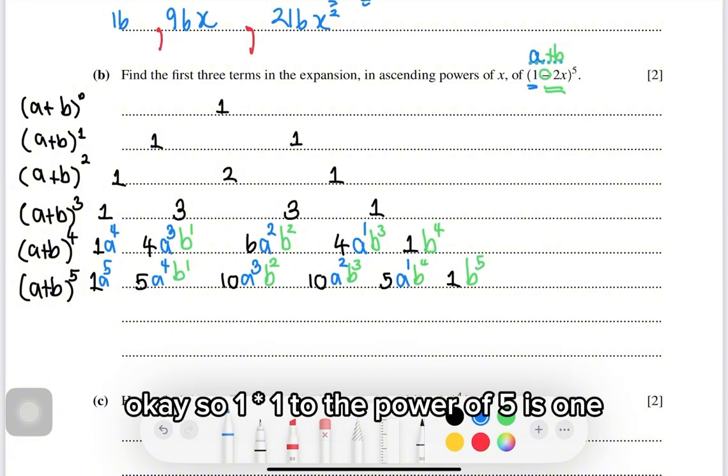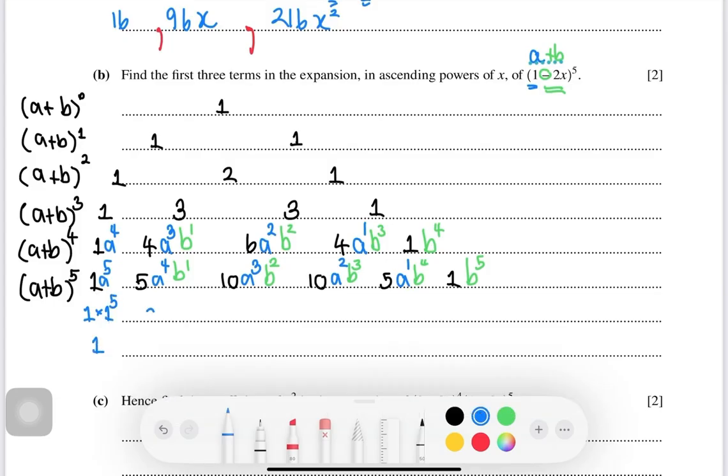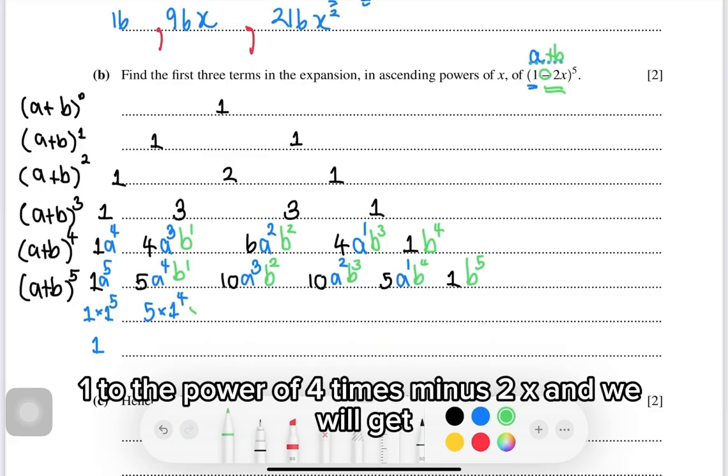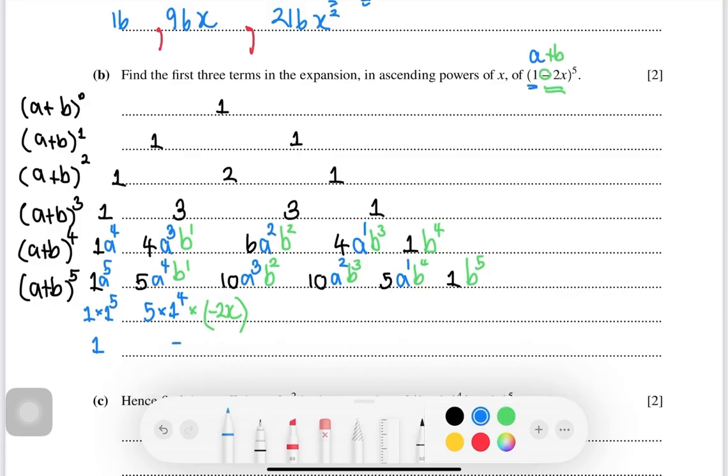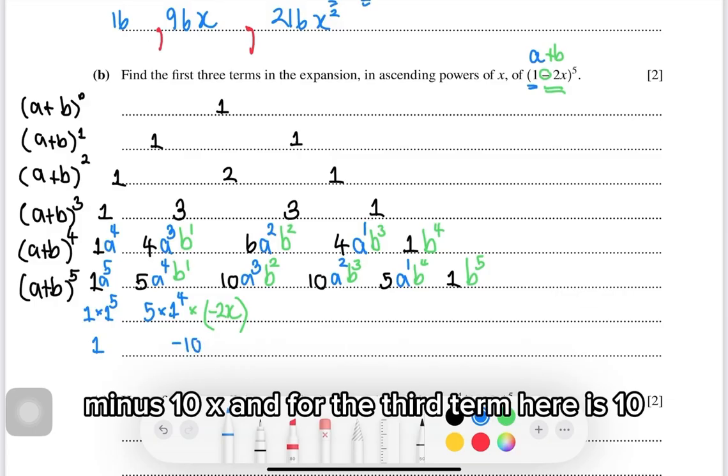Okay, so 1 times 1 to the power of 5 is 1. 5 times 1 to the power of 4 times minus 2x, and we will get minus 10x.